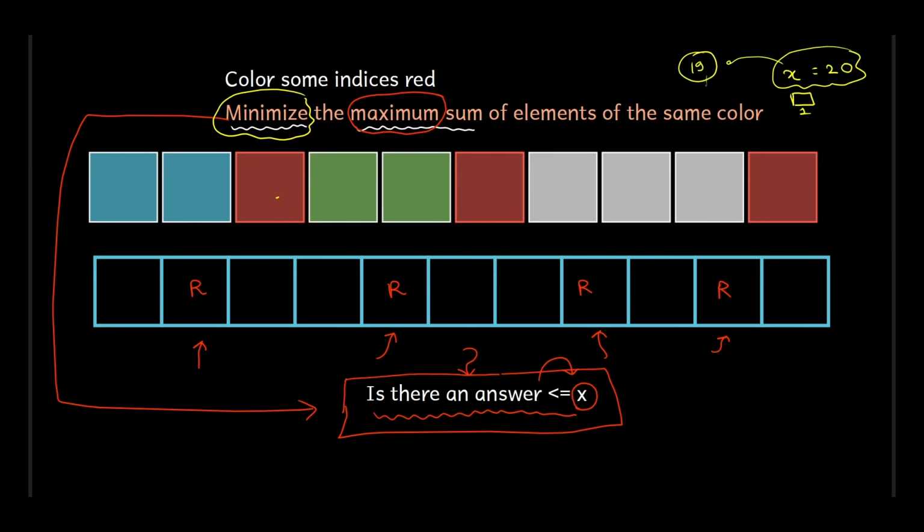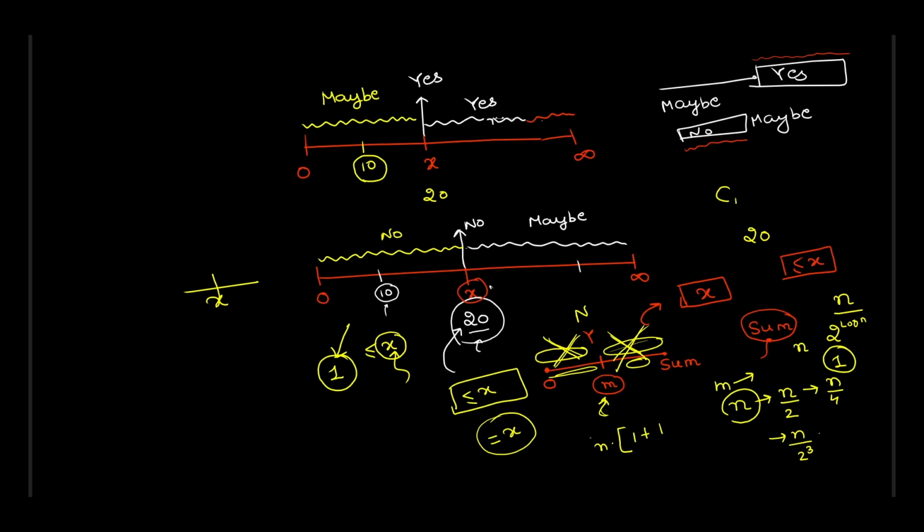So if you have discarded the 19, it means that the last remaining element has to match the sum of at least one color. This is how you can apply this trick, and this is exactly known as binary search on the answer.